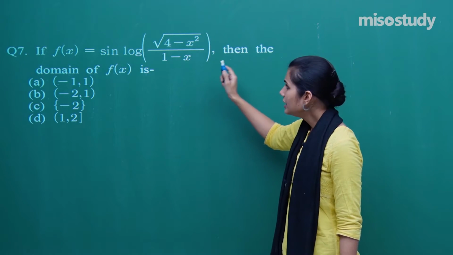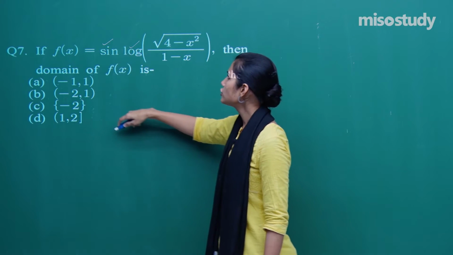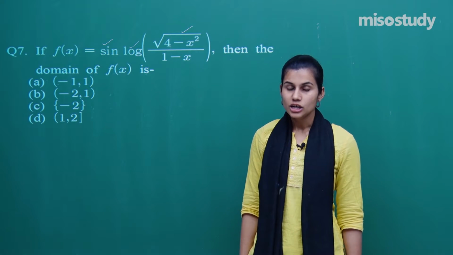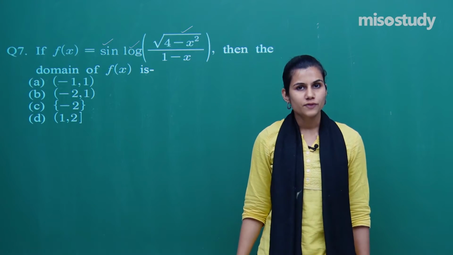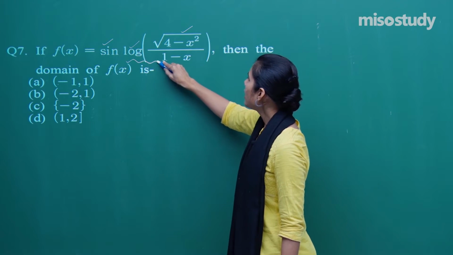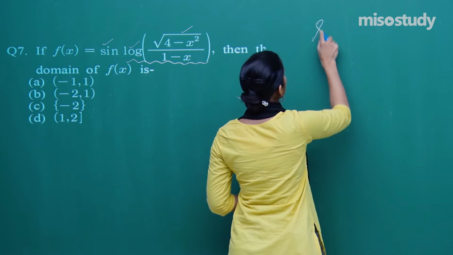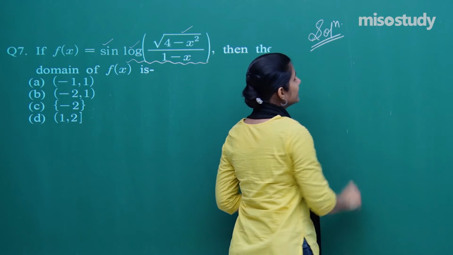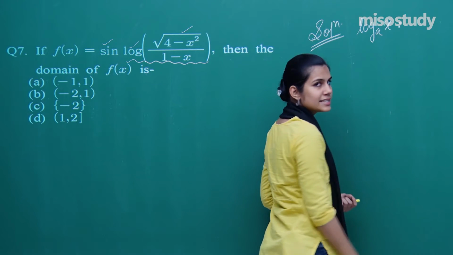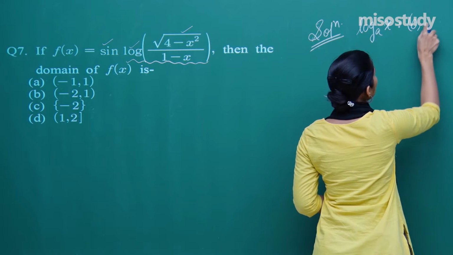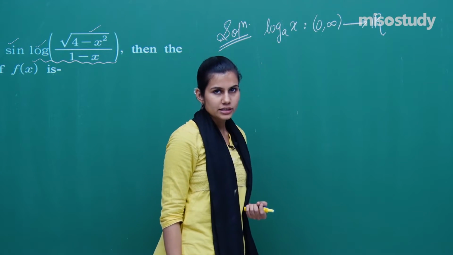Now, if you observe, this is made up of logarithmic function, sine function, square root function. So many functions. Let's begin step by step. Pick up the innermost function. Well, here I am talking about log of a certain thing. You know that if I talk about log, then the definition says that log x to the base a has the domain (0, infinity), and the range is equal to the codomain, which is the collection of all reals.